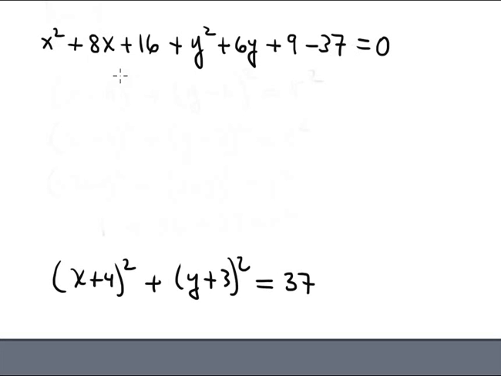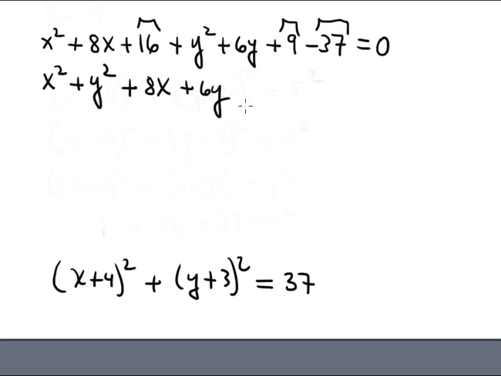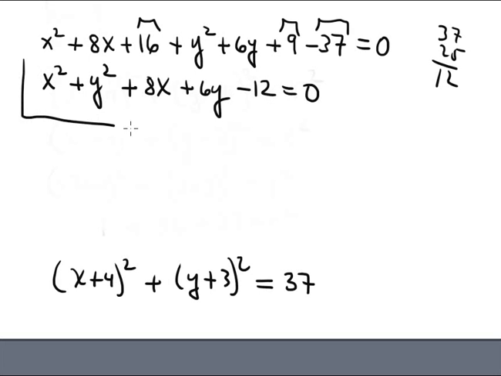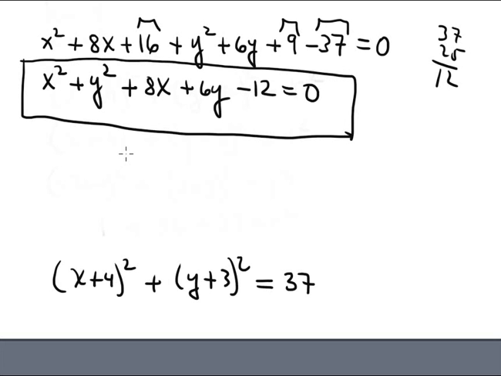Remember, the right hand side must be 0. Now you organize. You copy the quadratic terms first, in alphabetical order the x, the y, and after you combine 16 and 9 is 25, and 37 minus 25 is 12. Yes, it's 12. So it's minus 12 equal to 0. And this is the answer that they want. General equation of the circle in general form.